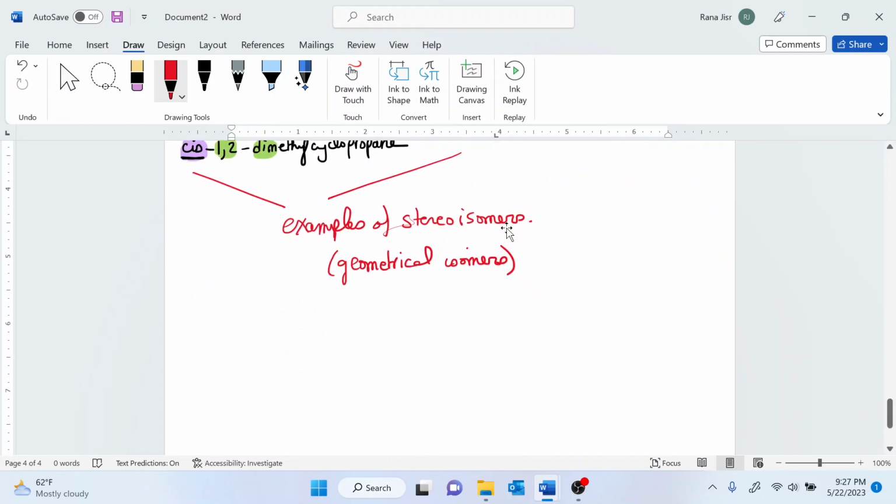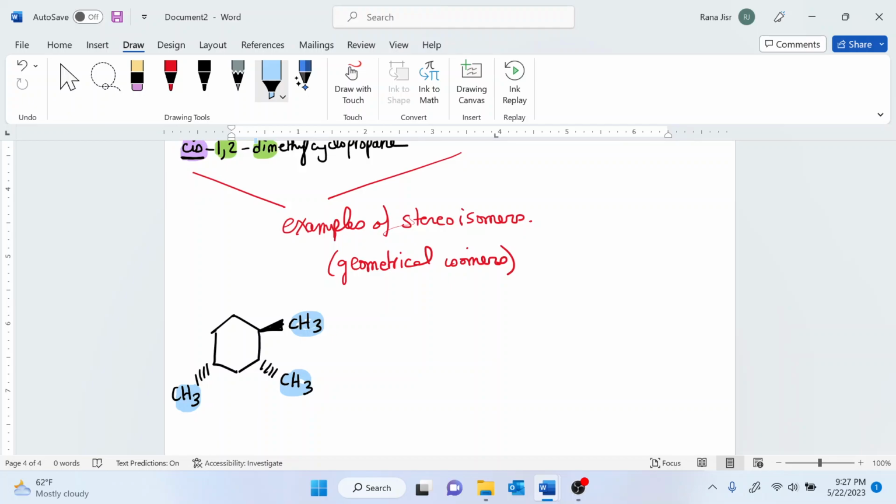So let's say, for example, if I have a cyclohexane, and on the cyclohexane, I have a CH3, I have another CH3 in here, and I have a CH3 in there. Now, because I do have more than two substituents, so see, this is 1, 2, and 3. Whenever I name it, I cannot name it as cis and trans.